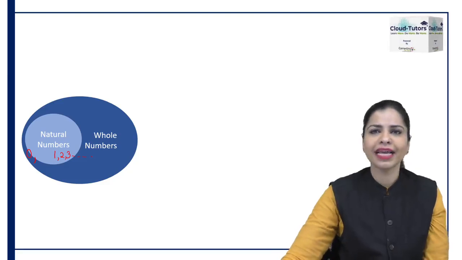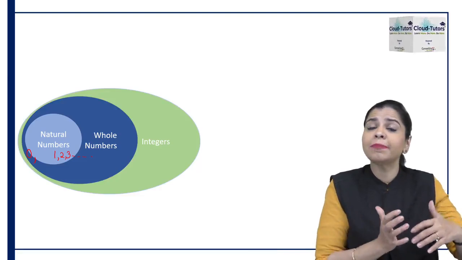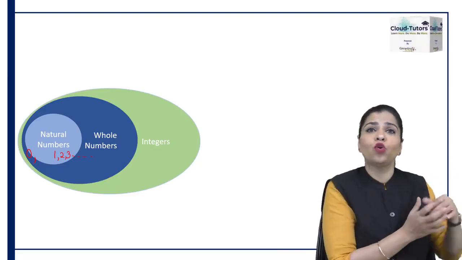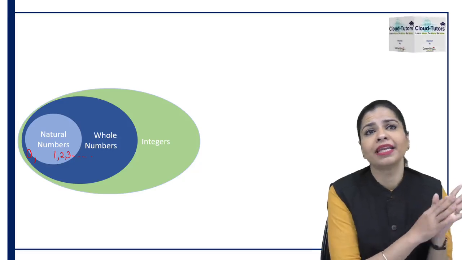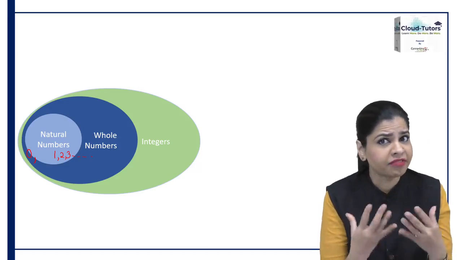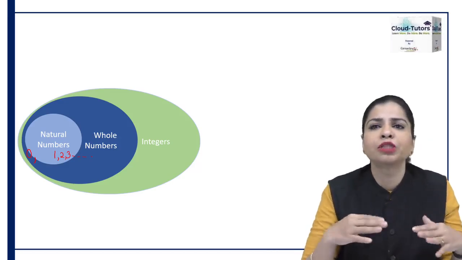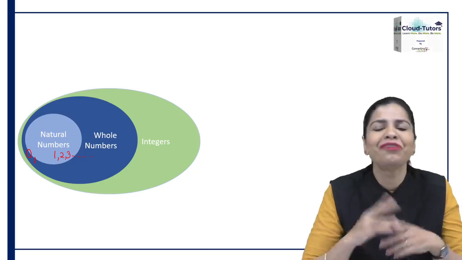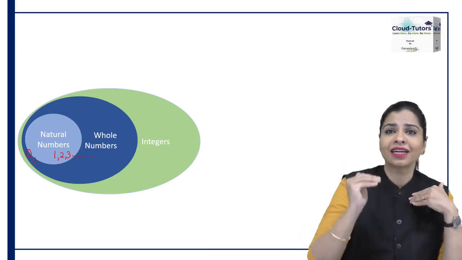Then comes our next family, integers, which includes the numbers beyond 0. That is, negative numbers: -1, -2, -3 and so on. After this, do we have any number family? Yes, we do, which is beyond this. But we will learn them in our upcoming classes and also in the higher classes.